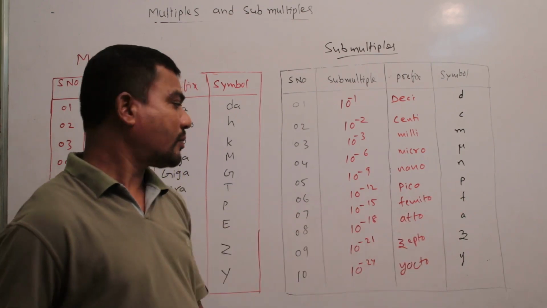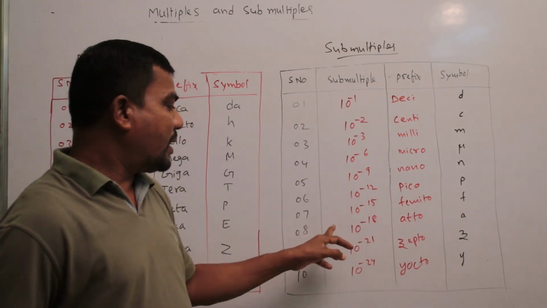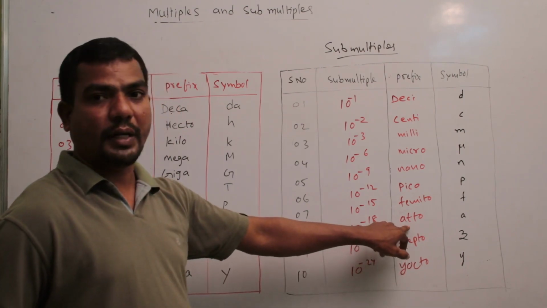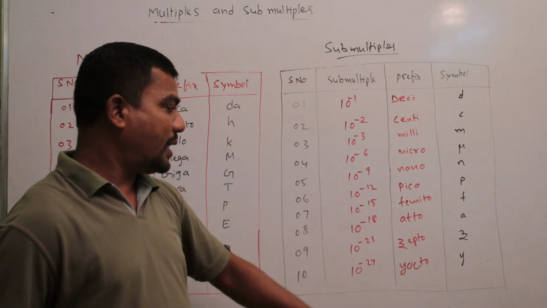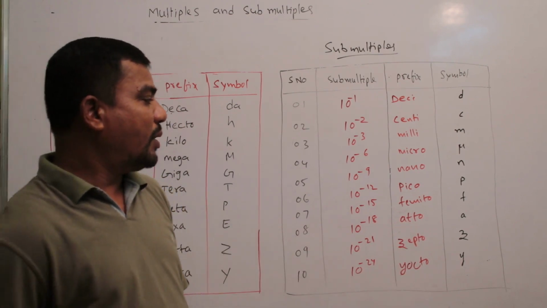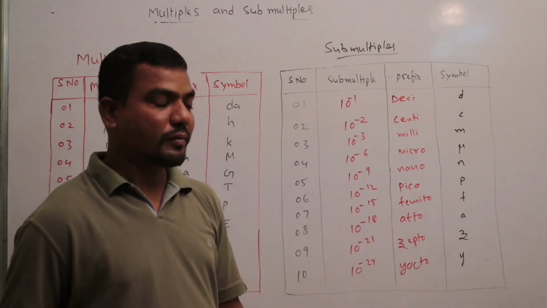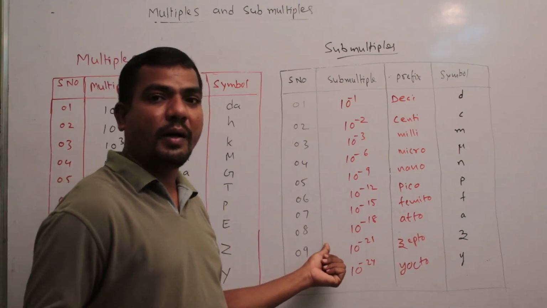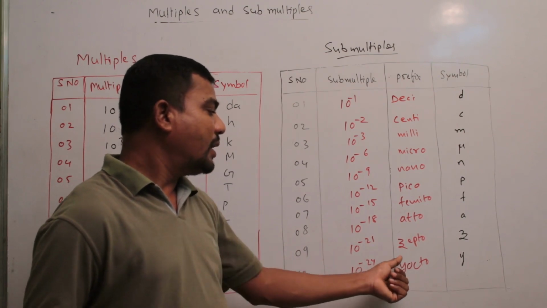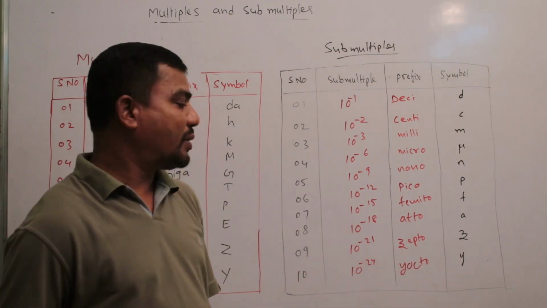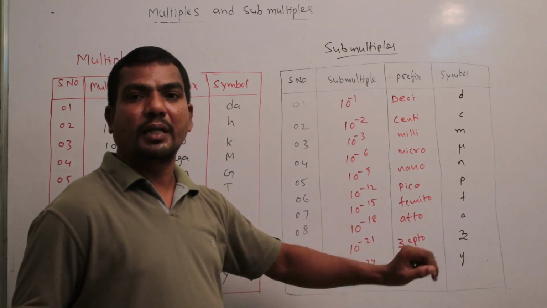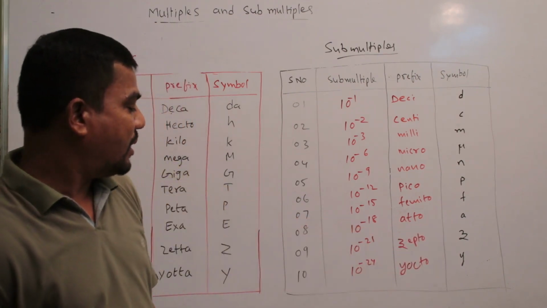Next one, 10 power minus 18 is atto, symbol small a. 10 power minus 21 is zepto, symbol small z.